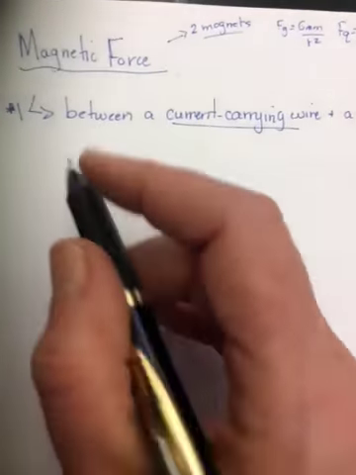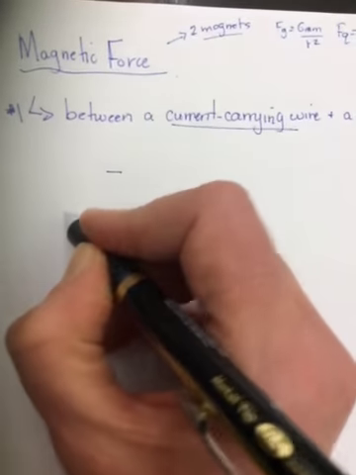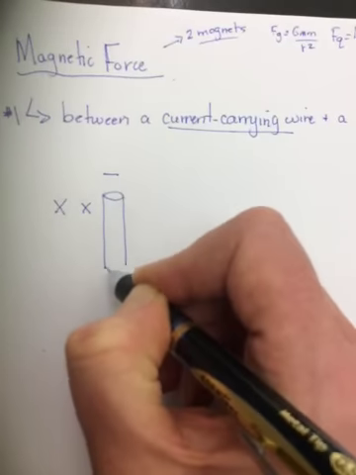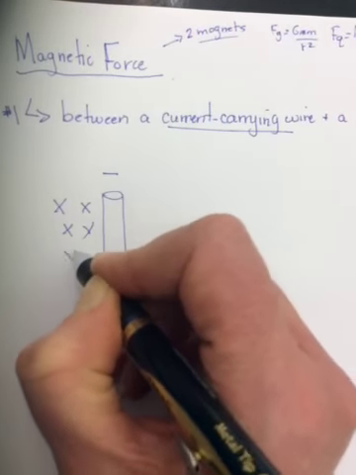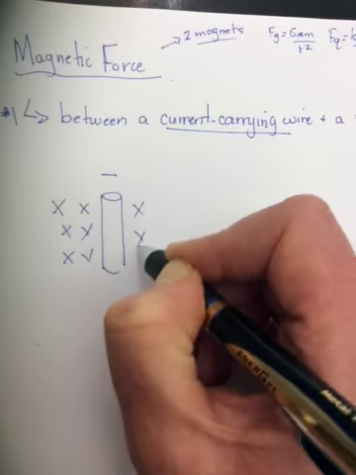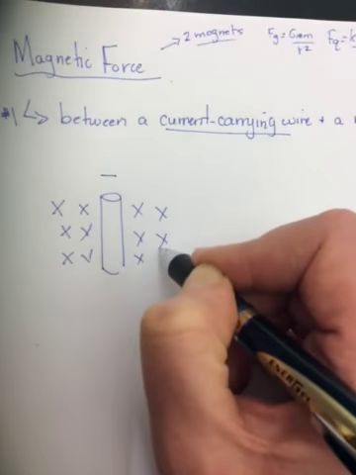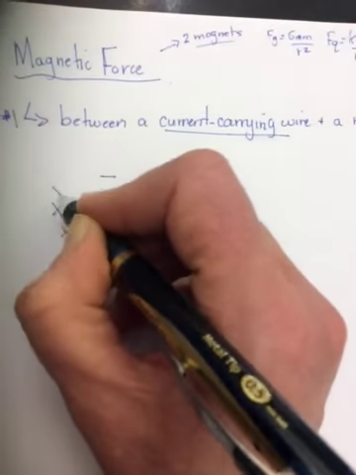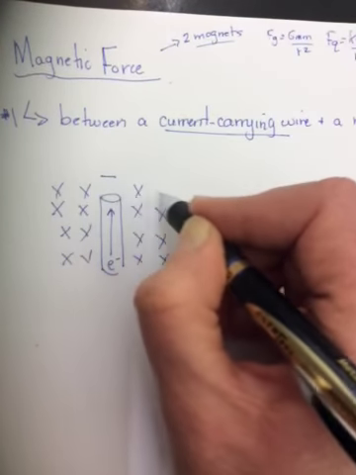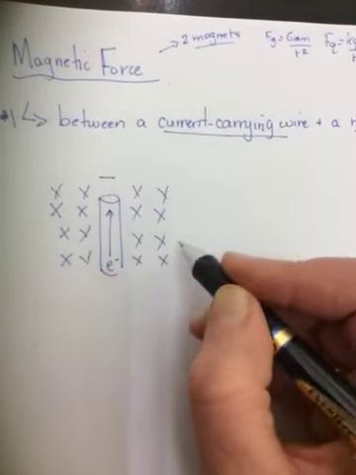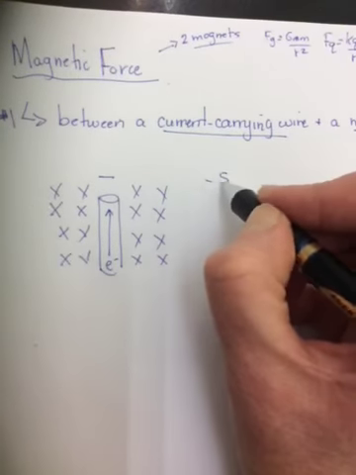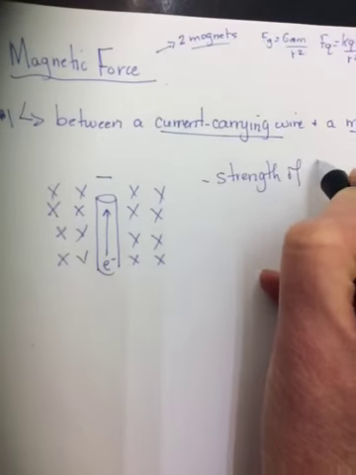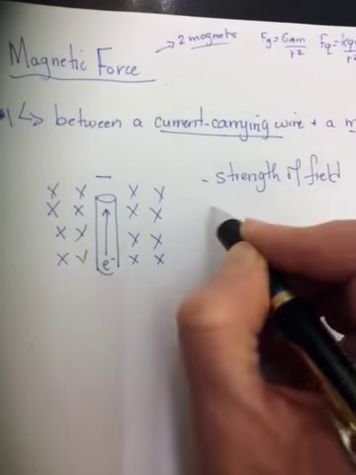Okay? And we said just before you left, if we have the magnetic field, I'm going to draw the wire in here and the magnetic field around it. This field's going into the board and the current's going upward, let's say. The things that the force on this wire should be dependent on are, one, the strength of the field, and the stronger the field, the bigger the force.